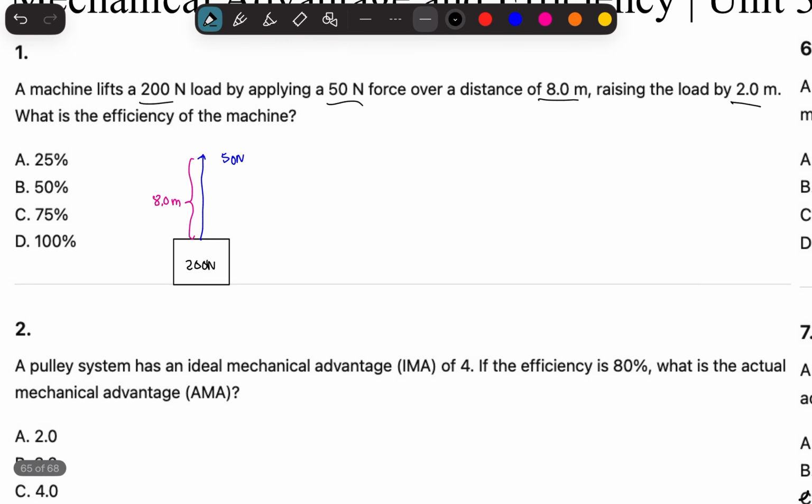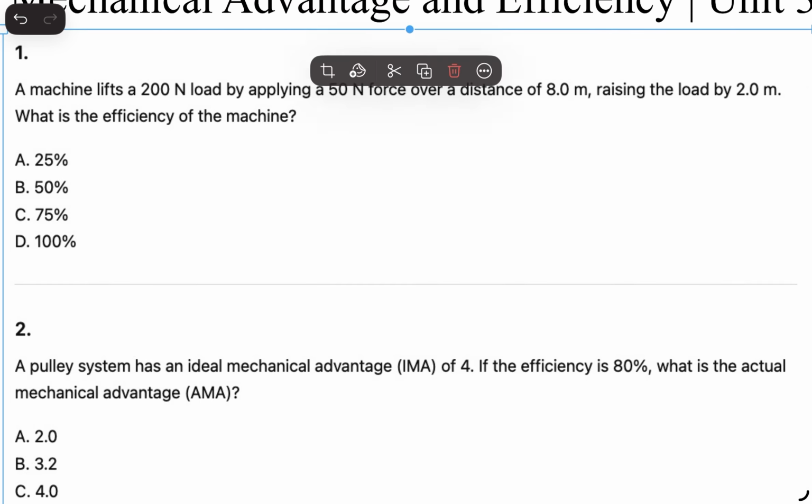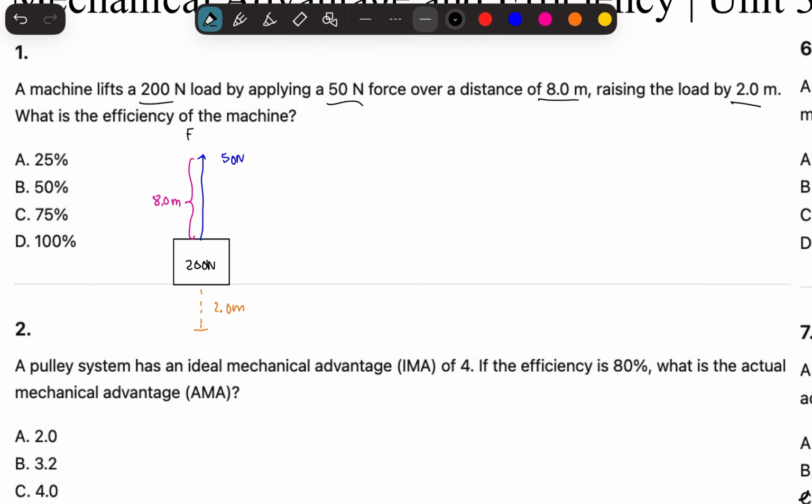So we want to find what the efficiency is. So before, it used to be down here. That's 2.0 meters. So this is your final state. It used to be at the bottom, but then it was moved up 2.0.